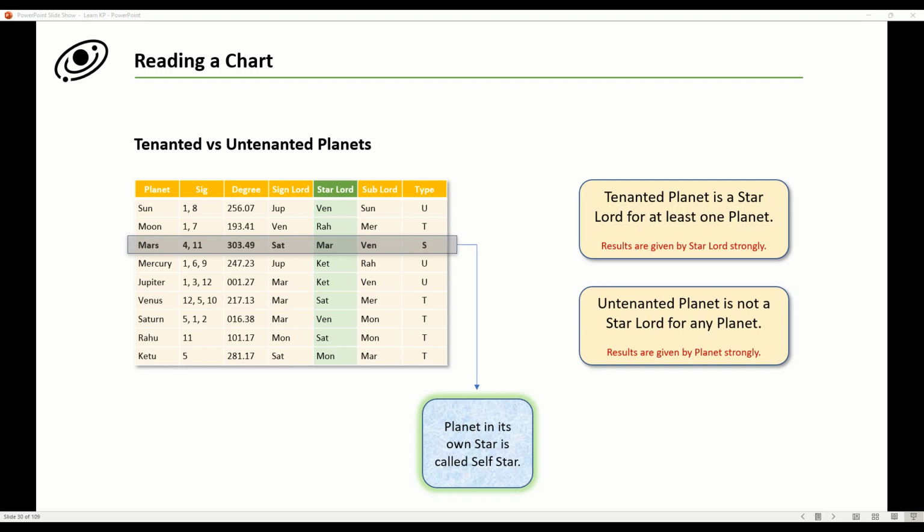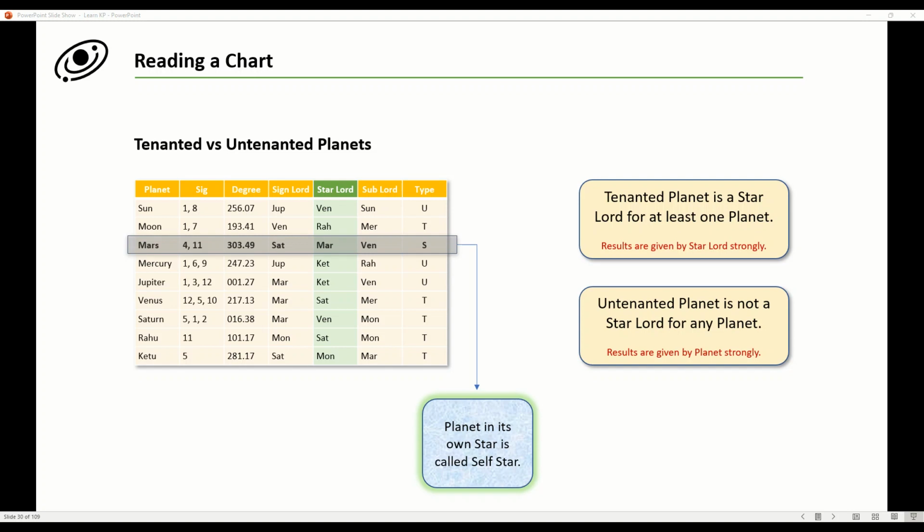Just flip the rule for an untenanted planet. So it means that the planet gives 80% of the results and the star lord will give 20% of the results. But please keep in mind that this ratio is not fixed. You will probably have to vary this based on your experience.